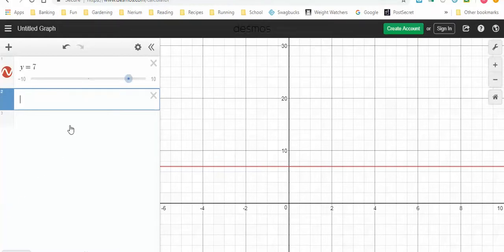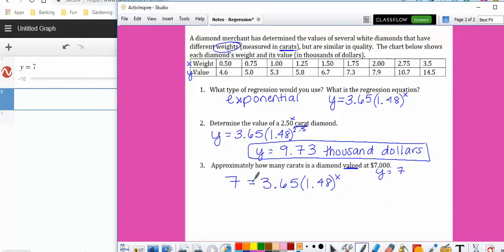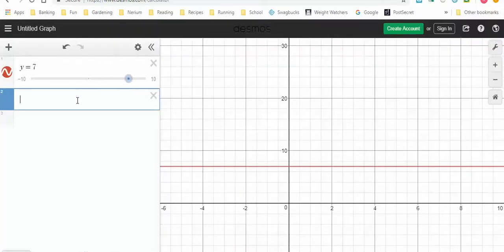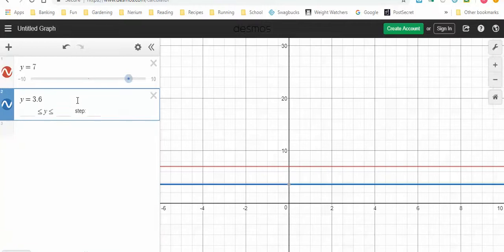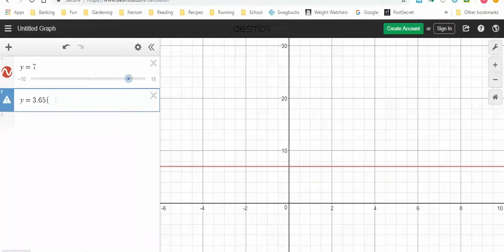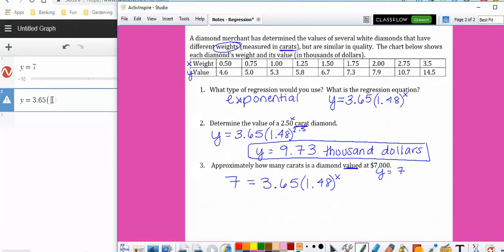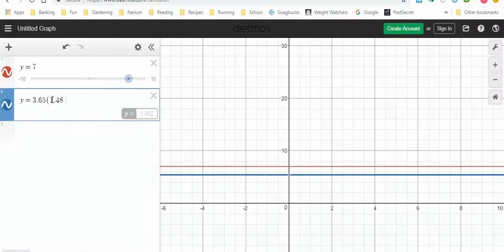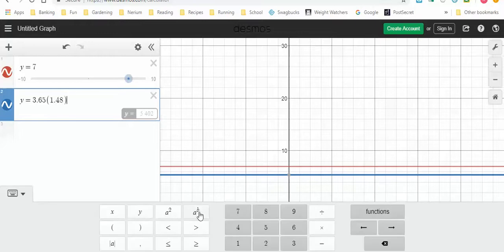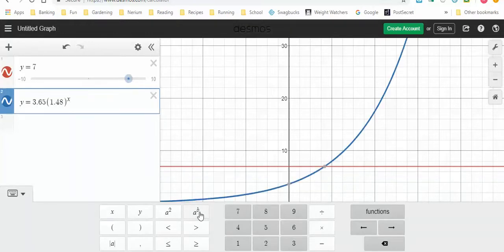And then we're going to put our equation that we got from the regression calculator. So right here. So y equals 3.65 parentheses 1.48 close our parentheses to the x power.